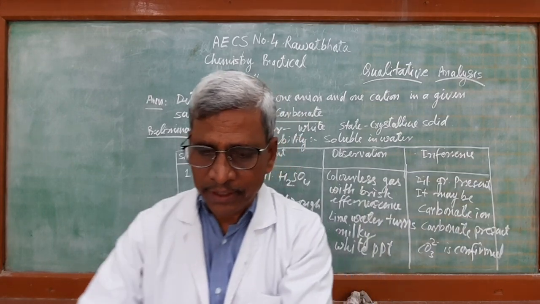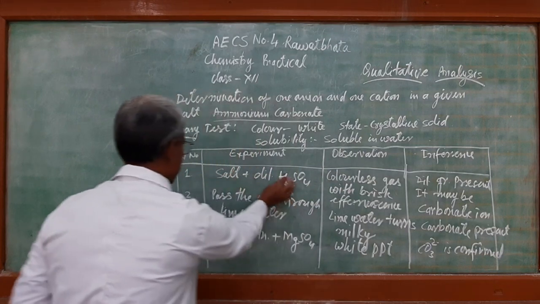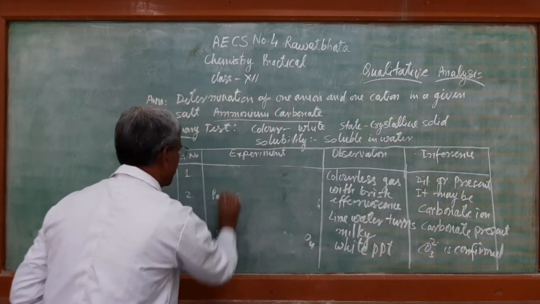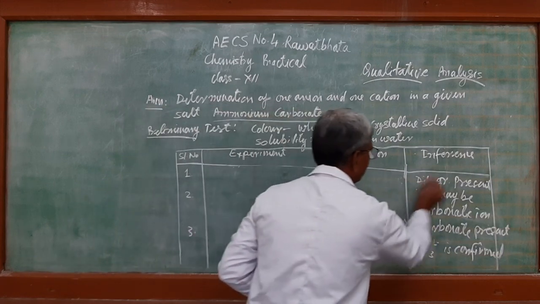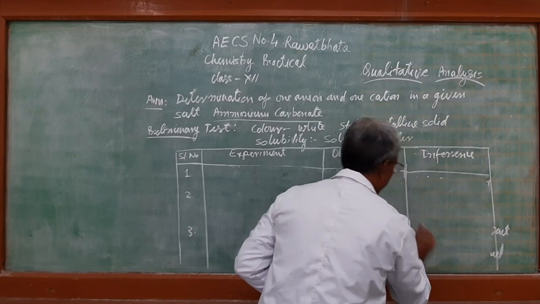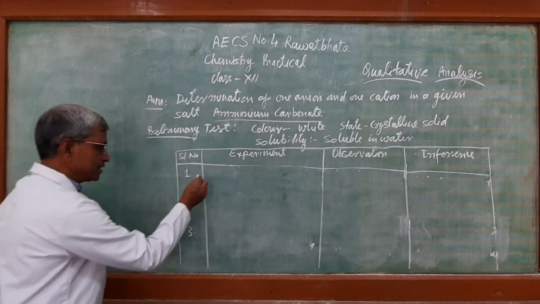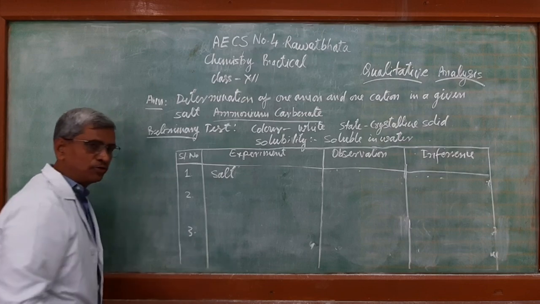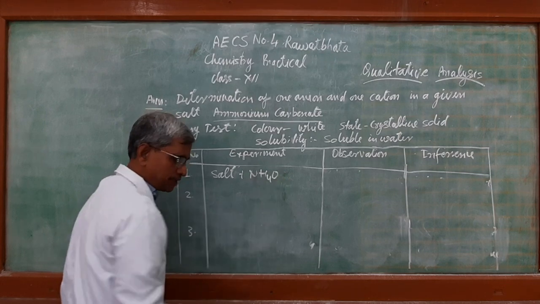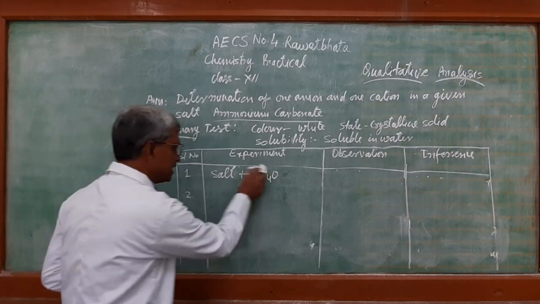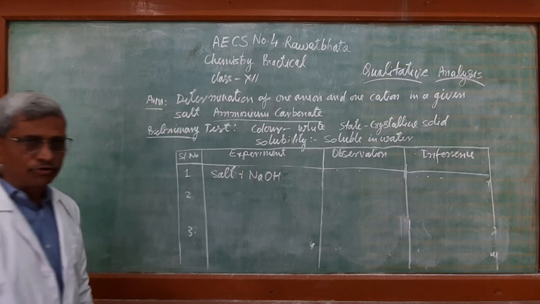Okay, is it clear? So, what we conclude here, this is for anion, then for cation, how to write it. Here we have to take a small amount of salt in the test tube and add sodium hydroxide solution, NaOH.